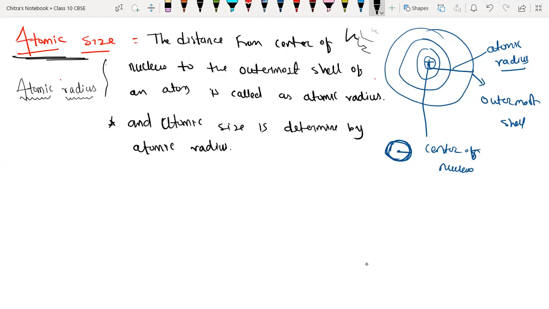Sir, can we say that atomic size is proportional to atomic radius? Yes, we can say. Therefore, we can write that also. Atomic size is directly proportional to atomic radius. Larger the radius, larger will be the size. Is it, everyone? Yes, sir.